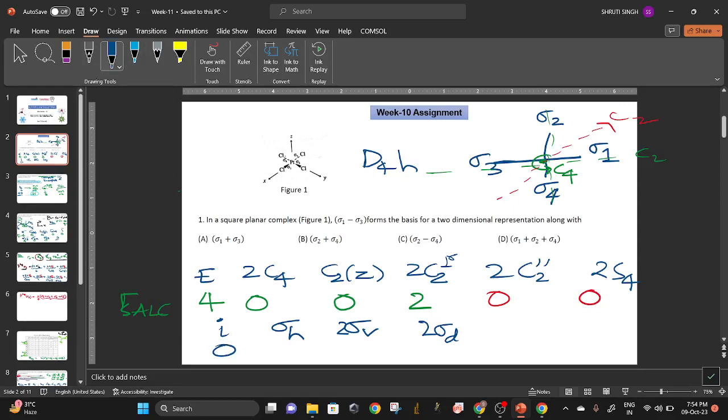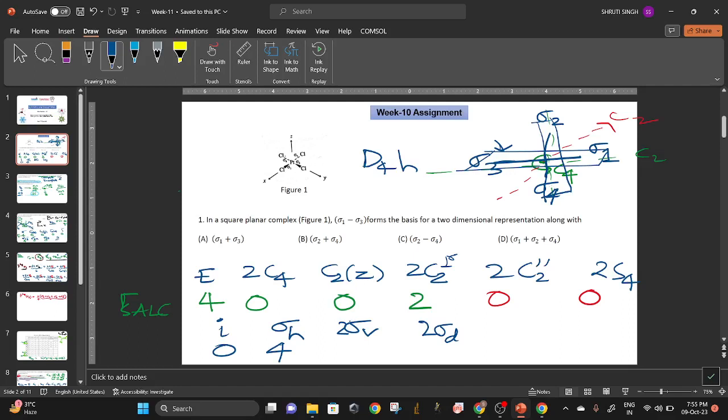Now sigma h is 4, because sigma h is the molecular plane. Now sigma v means which plane? Sigma v is along the bonds. Sigma d is in between. So sigma v means a plane like this, or a plane like this. Suppose I'm considering this plane, so 1 and 3 will remain at their place, 2 and 4 will reflect each other.